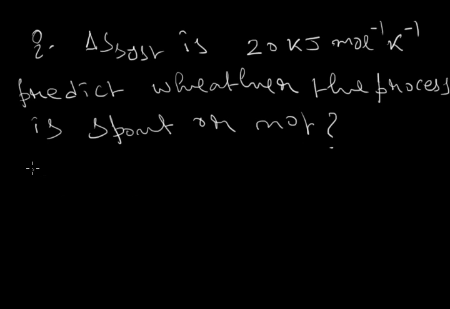Actually, if this is the question, we can't answer it because here only the entropy change of the system is given. We know that entropy change of the universe must be greater than 0 for a spontaneous process.